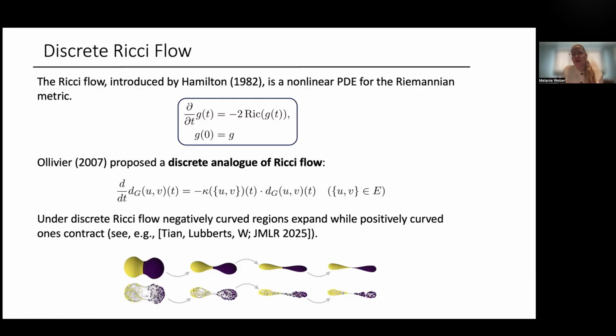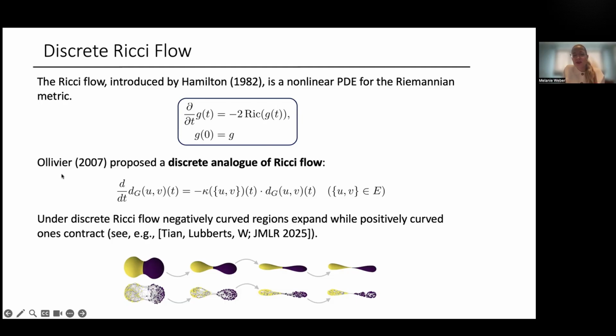Just like Ricci curvature, it is a very central tool in differential geometry. It was introduced in the 1980s by Richard Hamilton, and it tells us how the metric of the manifold evolves under a flow that is guided by, or dependent on, the Ricci curvature.